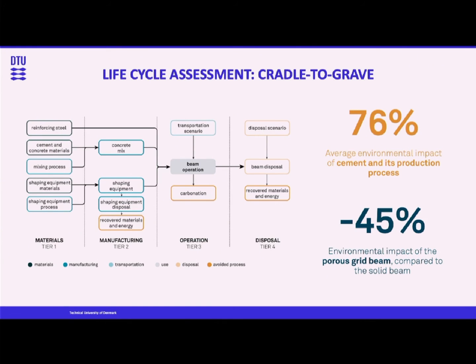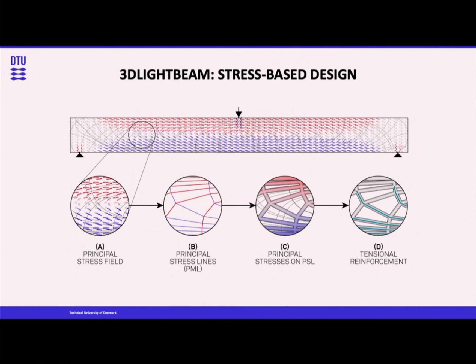But we could also see that there was a reduction of 45% in the environmental impacts in the porous grid beam. But we wanted to look at how we could integrate finite element analysis to improve the way we designed our beam and the way we printed our beam.